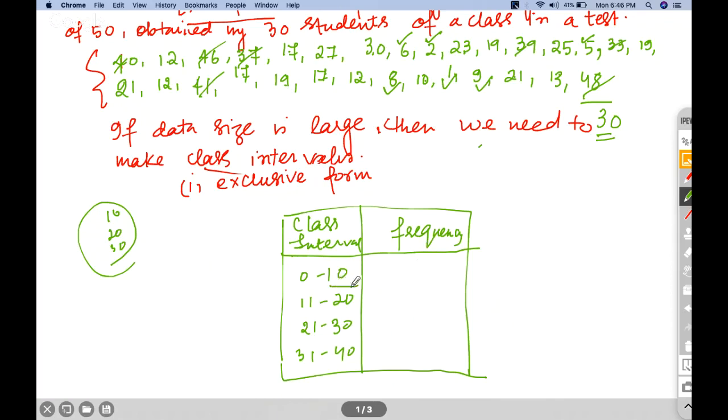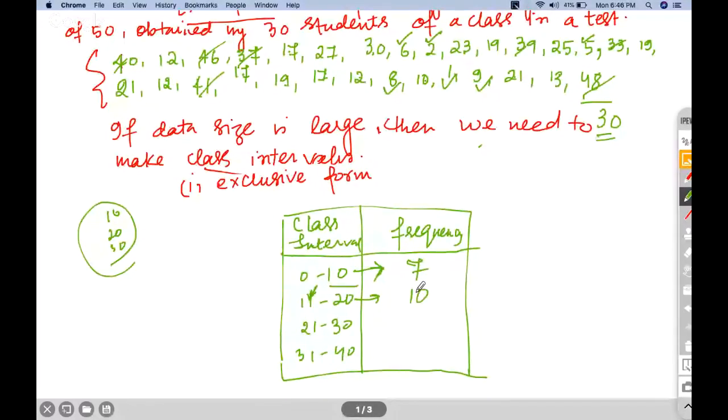So 0 to 10, what happens is, here initially I was putting 10 over here, now I'll have to put 10 over here. So 6 in the previous one, here the frequency was 6 because I put the 10 over here. So I'll add 10 over here, frequency becomes 7. And here it was 11 in the previous case. I will remove 10 from here, so this becomes 10.